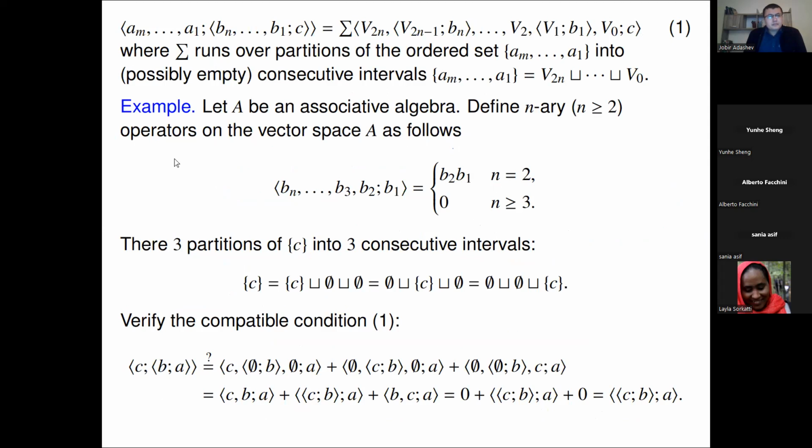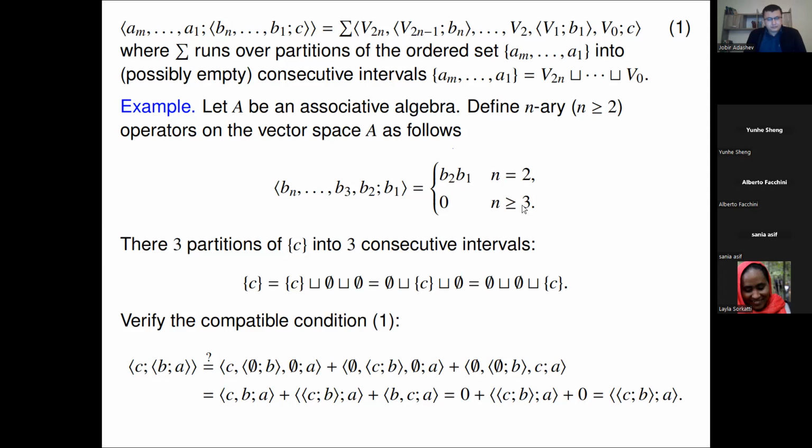Let me give you some concrete examples. Let A be an associative algebra, so we can define n-ary operators on the vector space A as follows. We put n elements here, and we define this to be the product B1, B2 if n is 2. That means if we have only 2 elements, we just multiply them together.